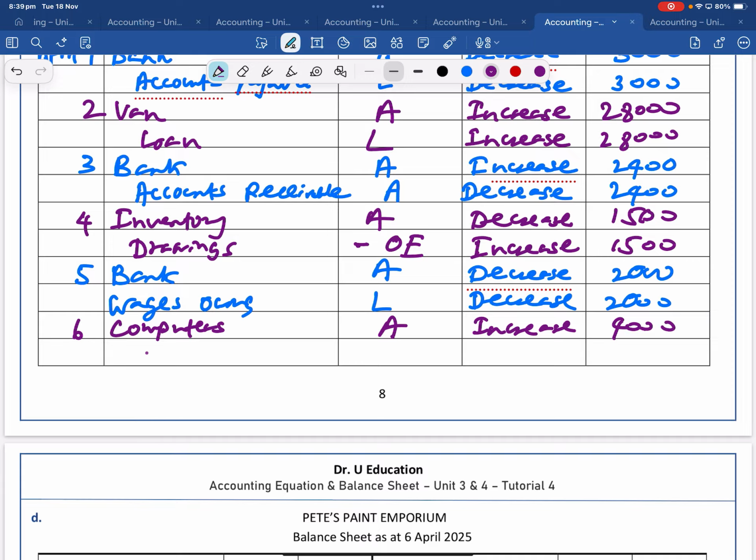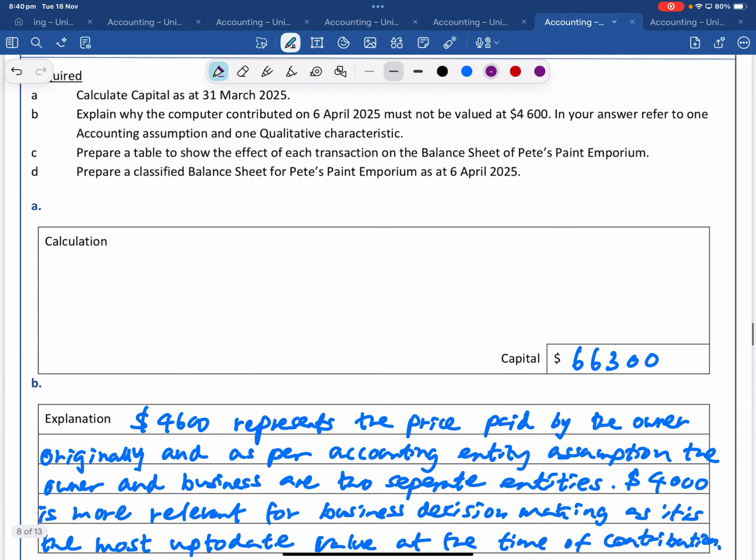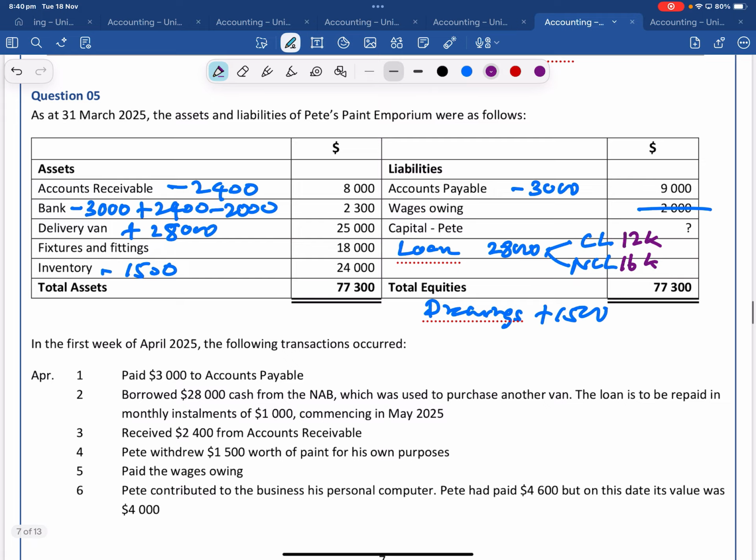And what's the other item? Capital, owner's equity. Increase. Then what do I do? Computers 4,000, and then owner's equity capital. For this one we have to add 4,000 here.